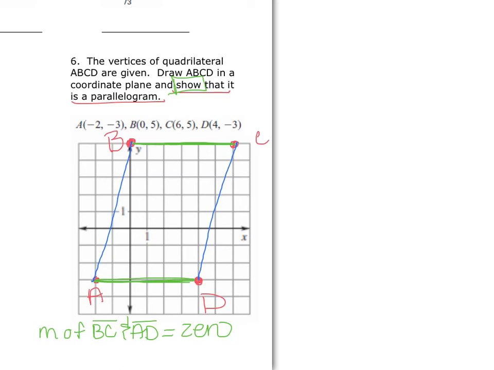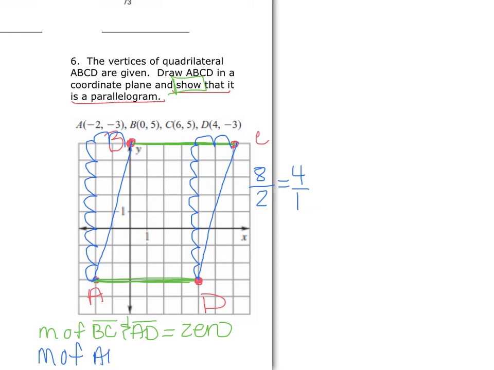So if we count their slopes, go up 1, 2, 3, 4, 5, 6, 7, up 8. So up 8 over 2. If we reduce that, both slopes of the other sides are both 4. So the slope of AB and CD are 4.